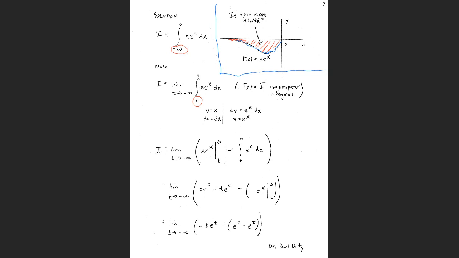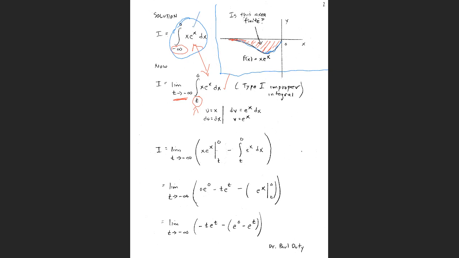You notice these two integrals here are the same integral. It's just the bottom limit, negative infinity, got replaced with t. But then I want to take the limit of this integral as t approaches negative infinity. Finding that limit would be equivalent to finding the value of this improper integral.